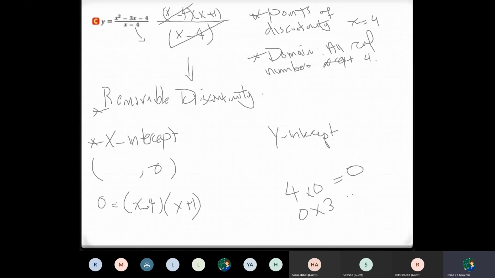And 0 multiplied by 3 is 0. So if the product of two numbers is 0, it means that one of the numbers is 0. If you multiply two terms with each other and the answer is 0, that means that one term will be 0.